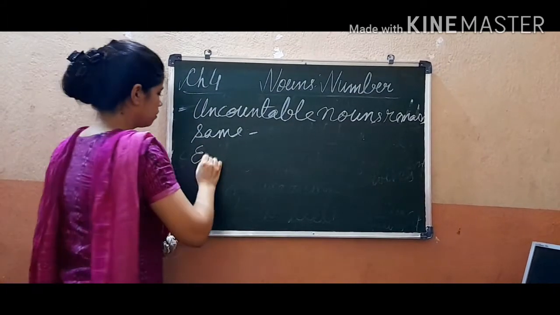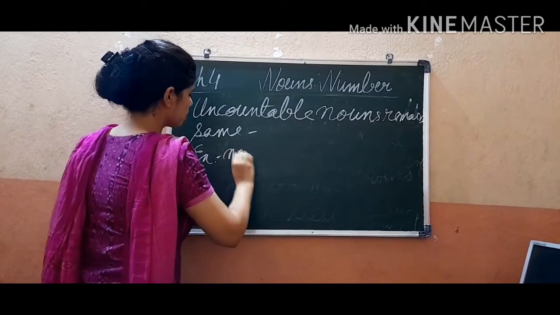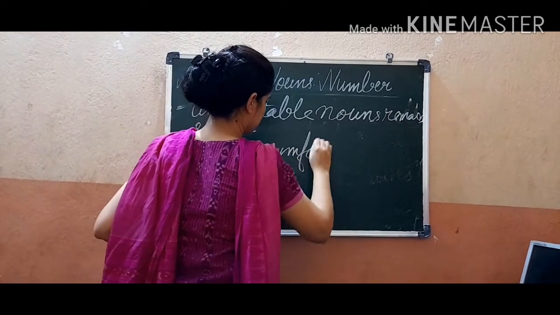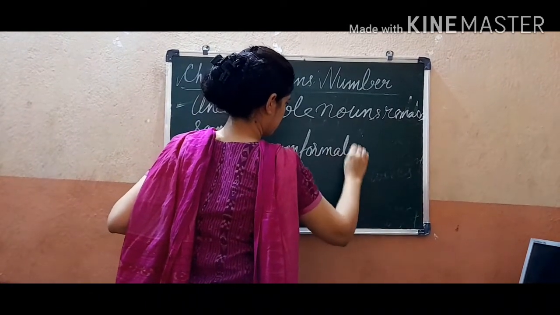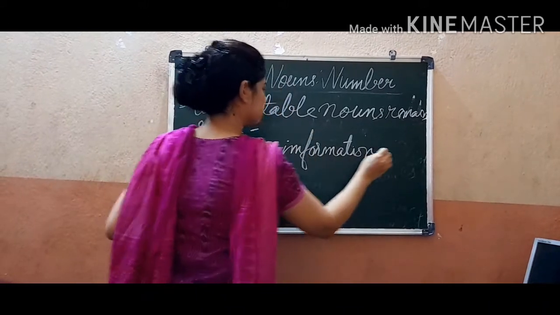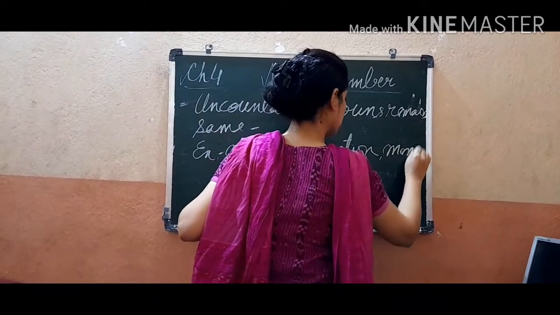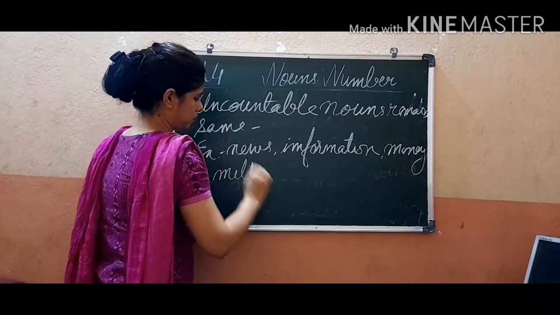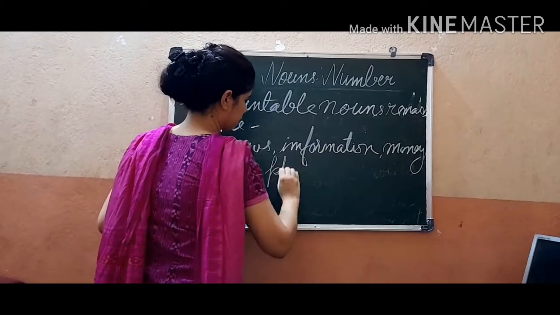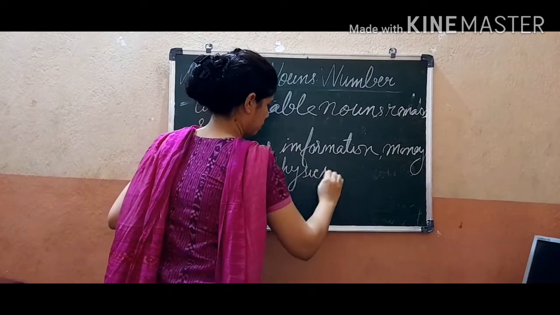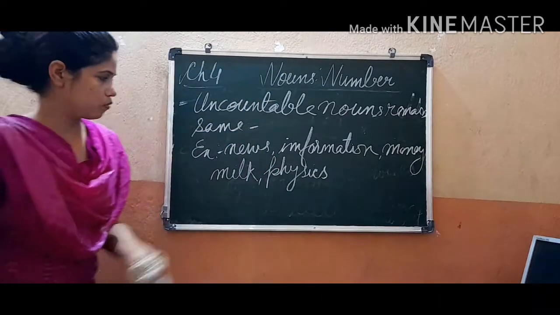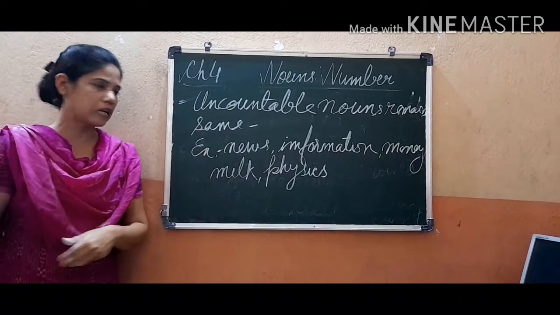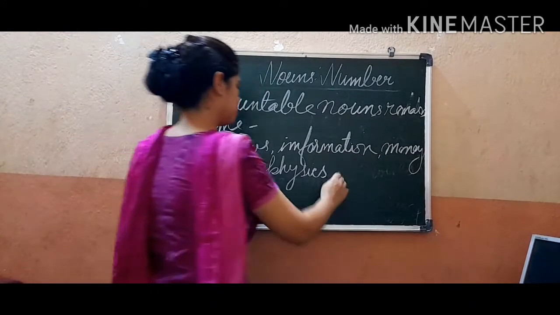For example, news, information, money, milk, physics, and so on. So they don't change their form, they remain same. These are uncountable nouns. Sugar, you can add.